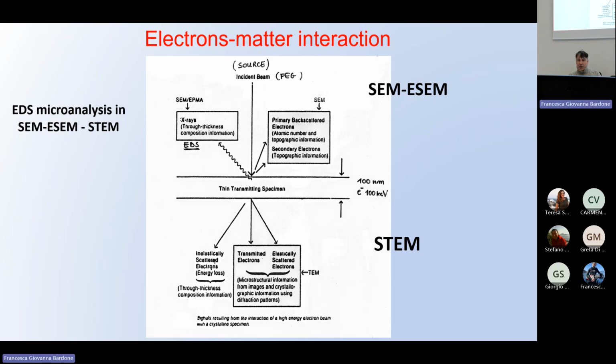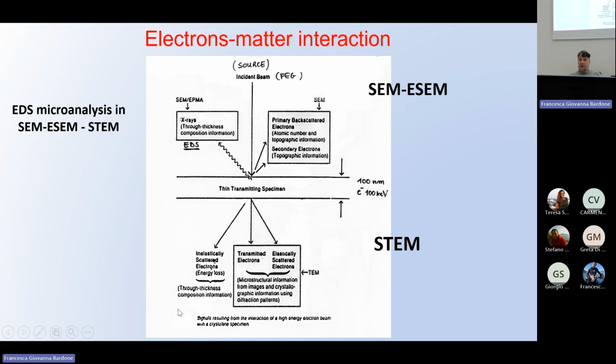There are some electrons which are elastically scattered. They are deflected, so they are elastically scattered. They don't lose energy. They carry Bragg diffraction, crystallographic information.